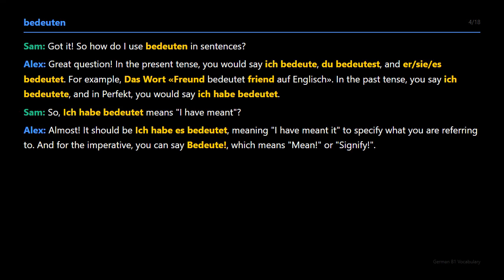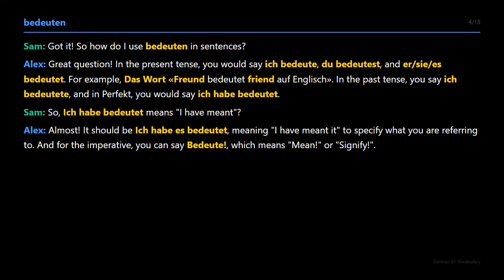For example, Das Wort Freund bedeutet friend auf English. In the past tense, you say, ich bedeutete, and in perfect, you would say, ich habe bedeutet. Means I have meant.